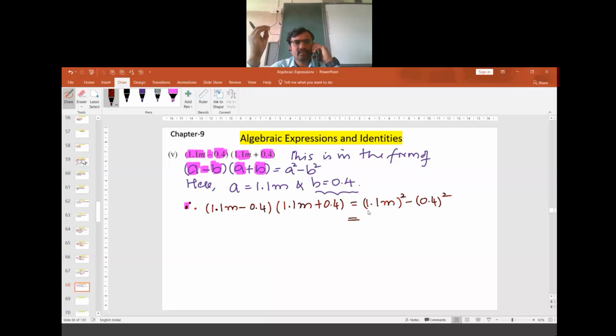What is this? 1.1 squared is 121, and the decimal should be placed after two digits, so 1.21 m square minus 0.16. Square should not be used again, already we have squared it. Any doubt?